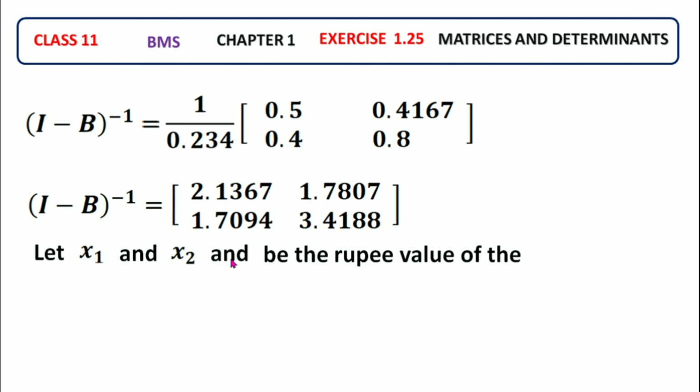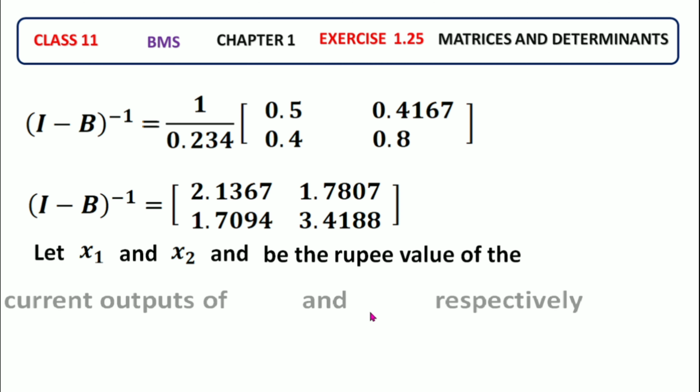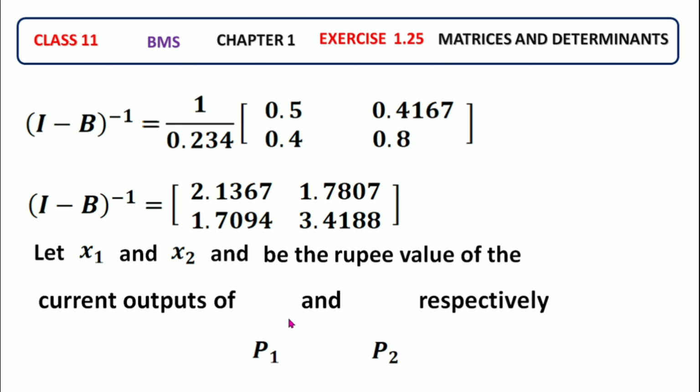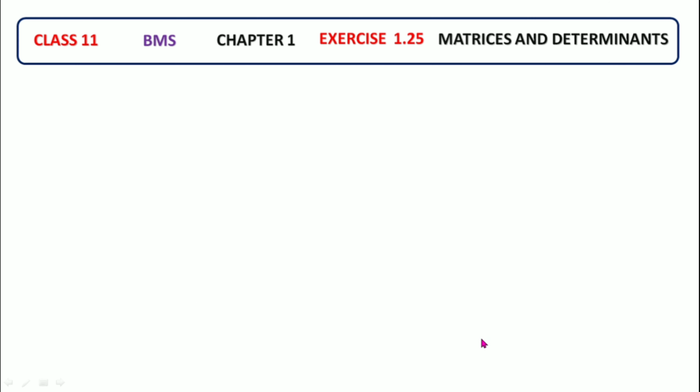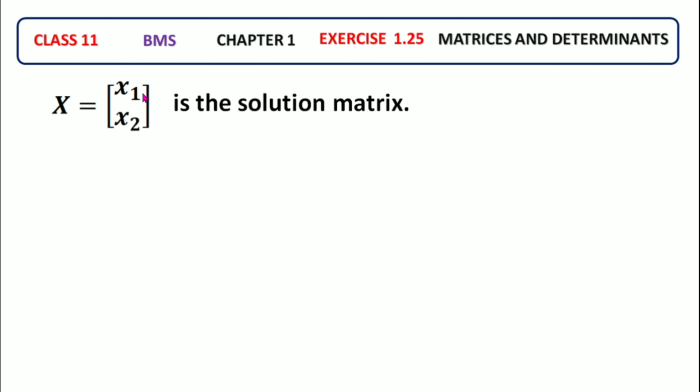Let x1 and x2 be the rupee values of current outputs of P1 and P2 respectively. Here capital X is equal to x1, x2, the solution matrix. We have to solve for this value, that is the value of currency.